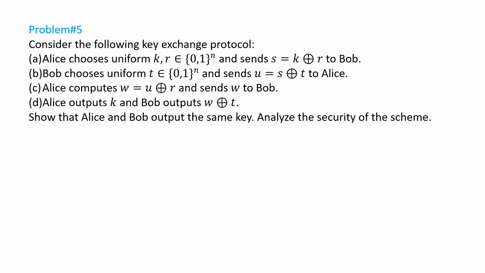Okay. So would anyone like to calculate something on their own and say whether it satisfies these properties of correctness and security here? So S, U, and W are getting communicated through the public channel here.